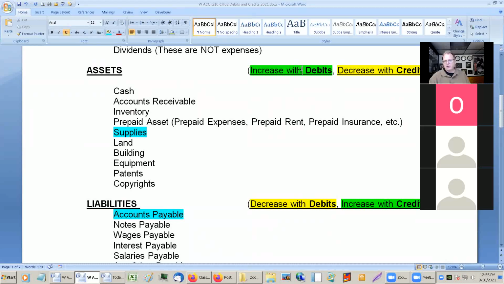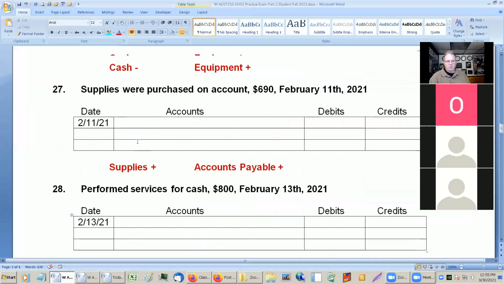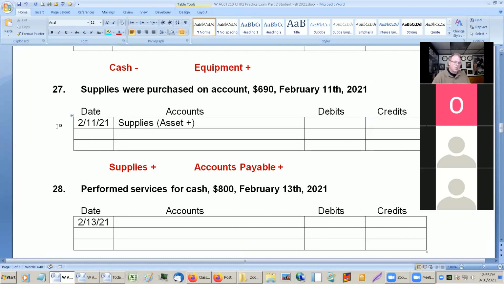At that point, you know what the credit's going to be, but down here accounts payable is going to go up with the credit. And you don't need to put this in here. I'm just putting that in to let you know how I got the debit and credit.